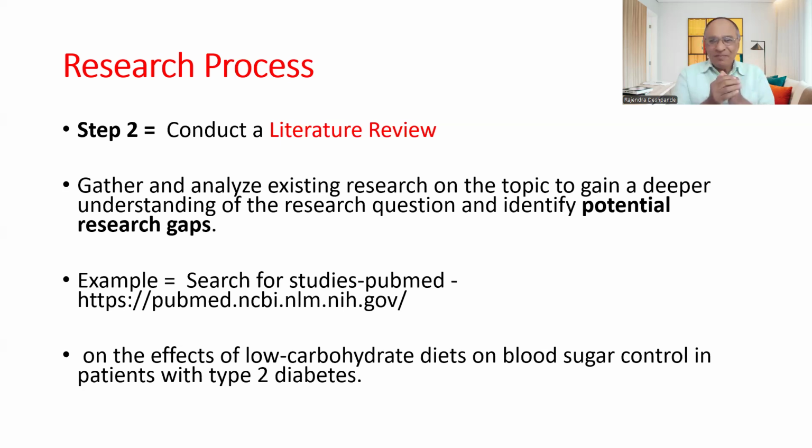For example, search for the studies. You can use the PubMed site. Again, we are taking the same example: effects of low carbohydrate diet on the blood sugar control in patients with type 2 diabetes.